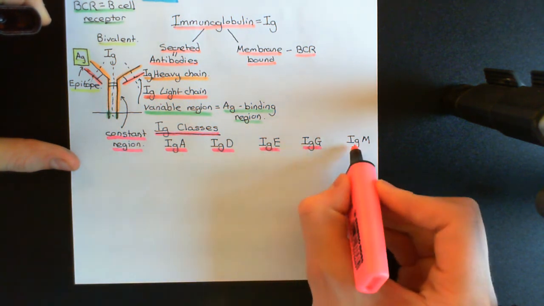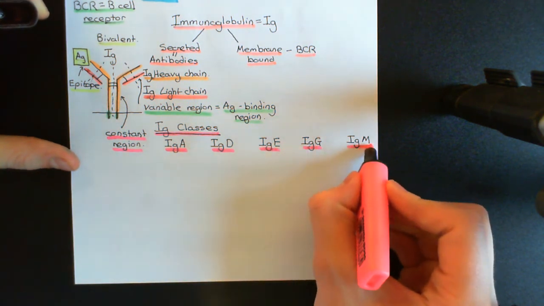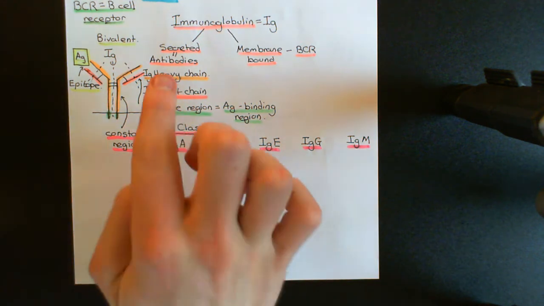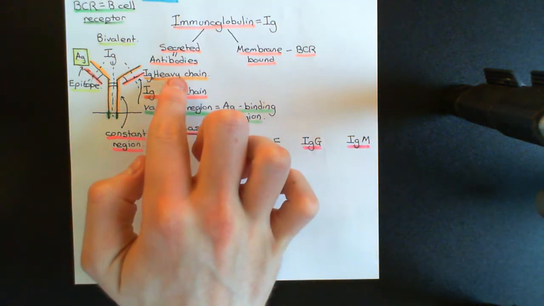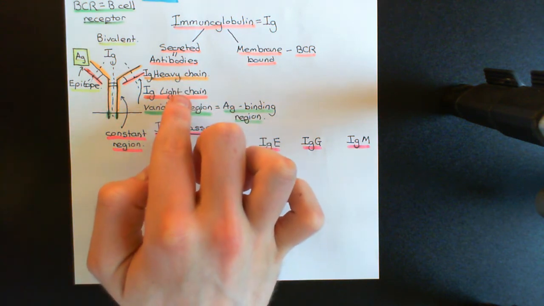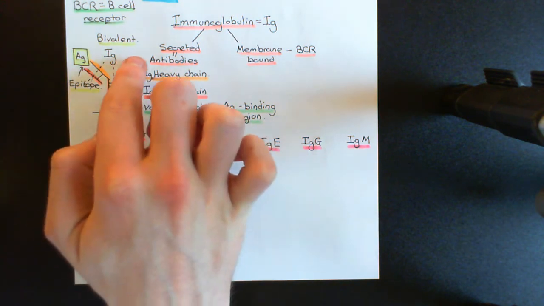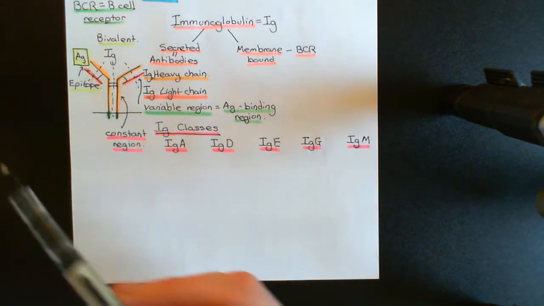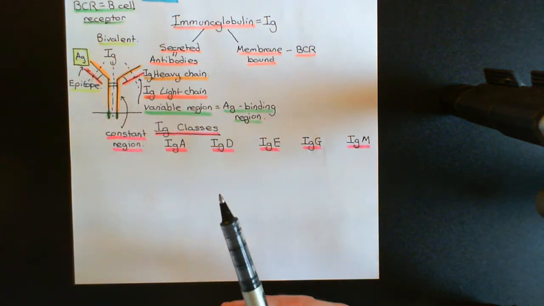So, our lymphoid progenitor cells that are going to develop into B cells and are still in the bone marrow, they will have to design the variable region of their immunoglobulin heavy chain and the variable region of their immunoglobulin light chain. So they will design a specific antigen binding region for immunoglobulin molecules.